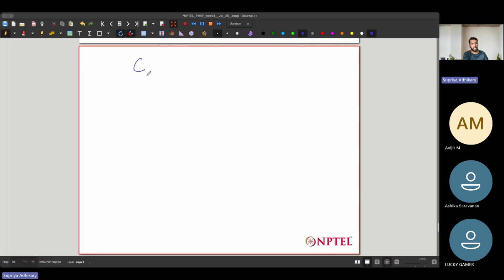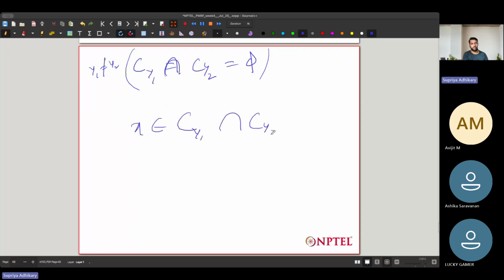The second part is that if we consider any y1, y2 which are not equal, then C of y1 intersection C of y2 should be equal to empty. If possible, let us consider that x belongs to this C of y1 intersection C of y2. That means f of x equals y1, since x belongs to C of y1, and since x also belongs to C of y2, that should also imply that f of x equals y2.